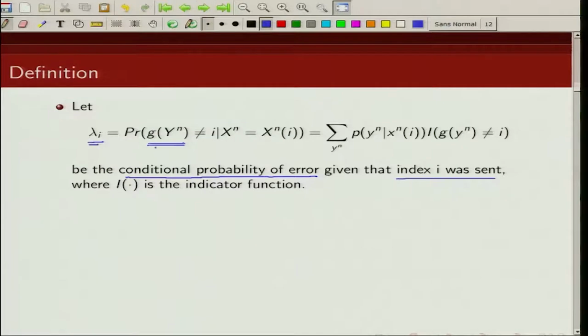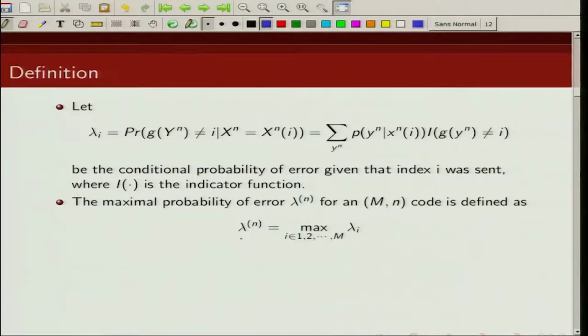If g of Y^n is not the same as i, when you transmit the ith index, that is, when X^n is X^n(i), but your decoder does not decode it as the ith index, then the error happens. That is given by this expression, where this is an indicator function indicating whether an error has happened or not, and this is the probability of Y^n given X^n(i). So, lambda i is the conditional probability of error given that you transmitted the ith index.